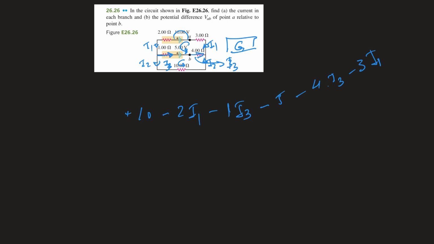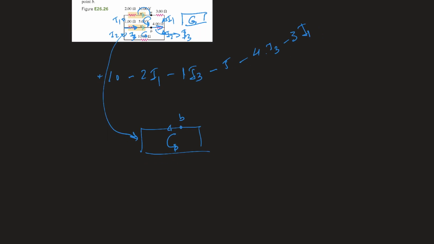And the equation for the second loop, this one, I will choose the same direction. I will start at the point B and run in this direction. First of all, I find the battery, 5 volts, increasing. Now I go against the current, so instead of minus R by I, it will be plus 1 by I3.